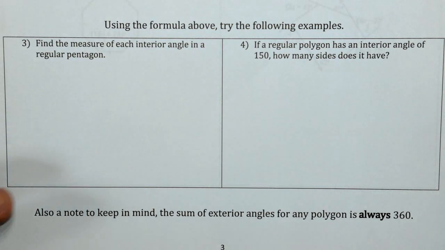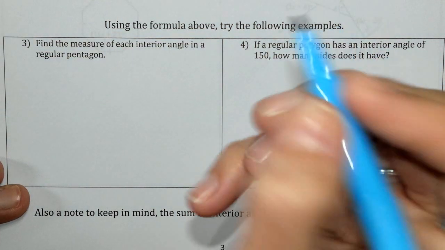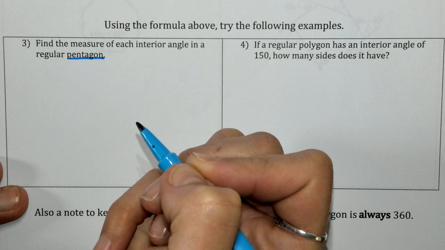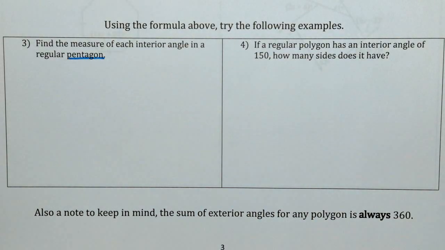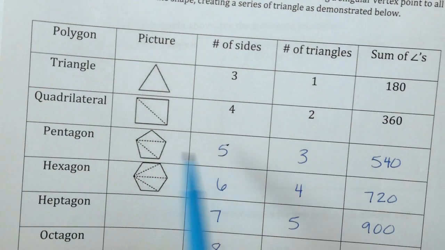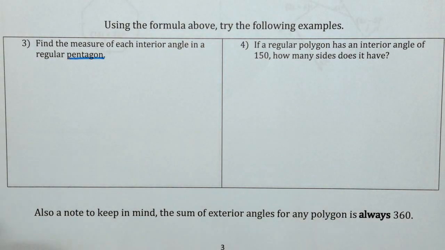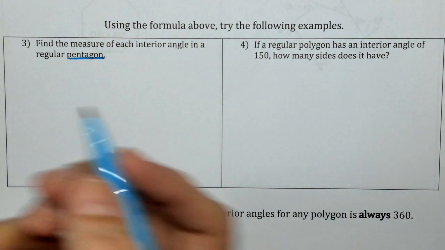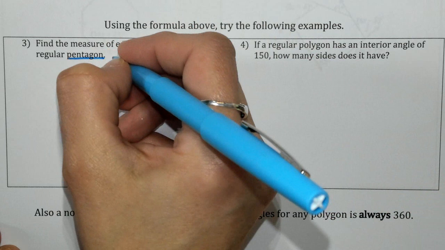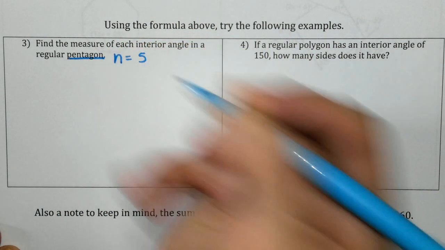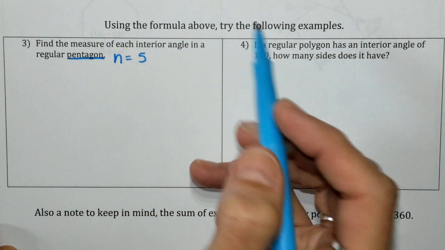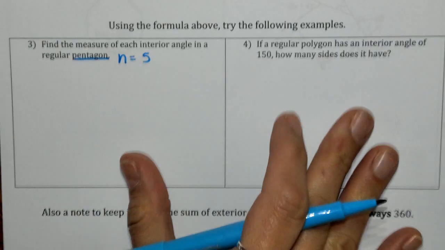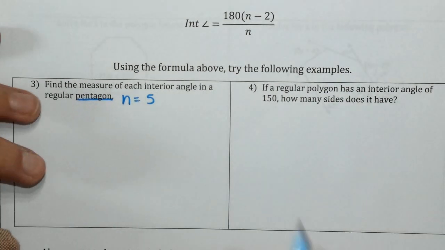First one here, find the measure of each interior angle of a pentagon. Even if you look back at the first page, we see that a pentagon has 5 sides. You need to know your triangle through decagon. So this means n equals 5. So plugging into the formula we have above, 180(n minus 2) over n.